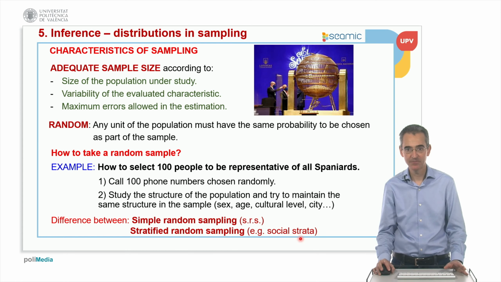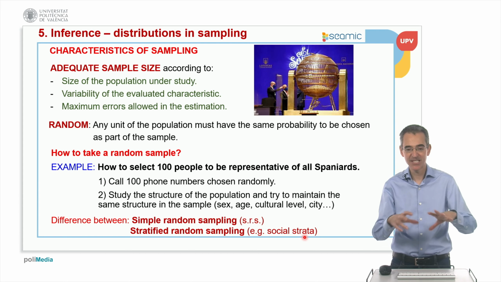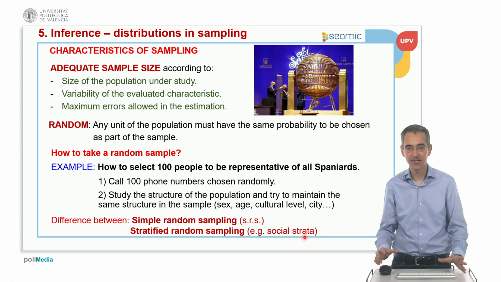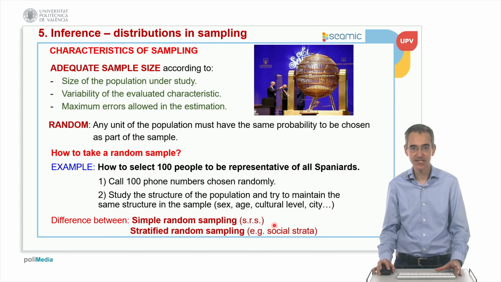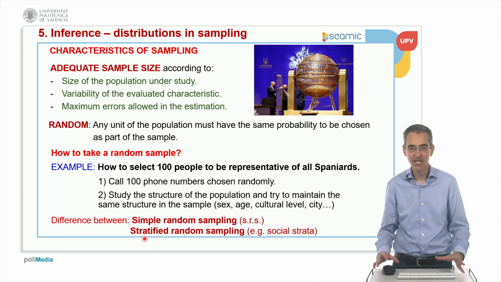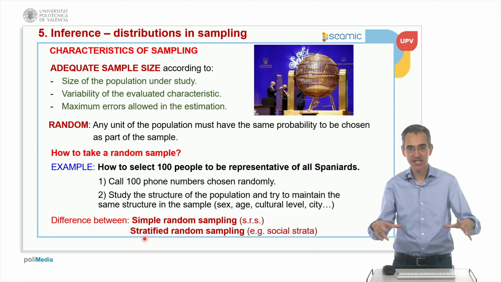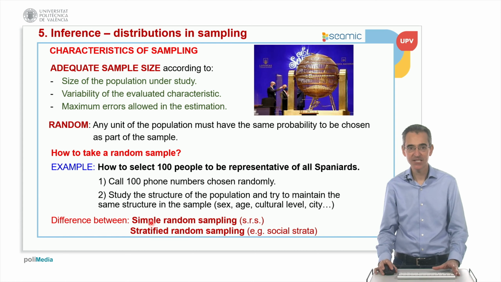By social strata we mean that people are structured according to age, sex, cultural level, and so on. There is a part of statistics that deals with how to take a good sample in complex populations. But in this subject, as it is quite basic, we will just deal with the case of simple random sampling.